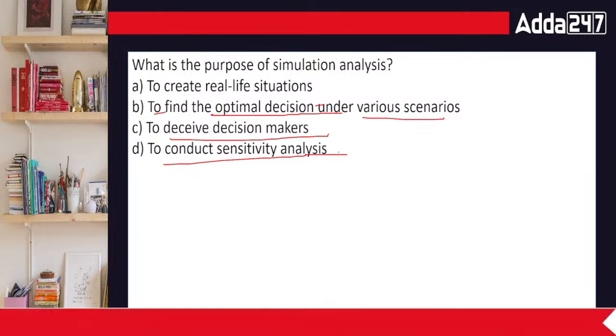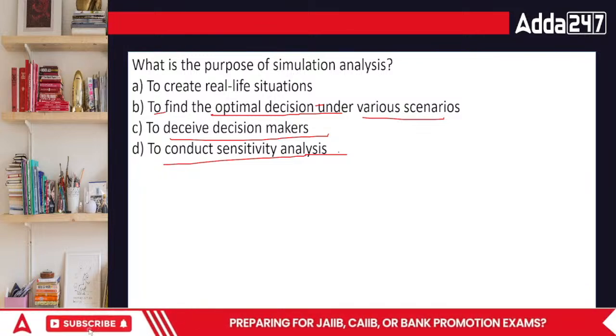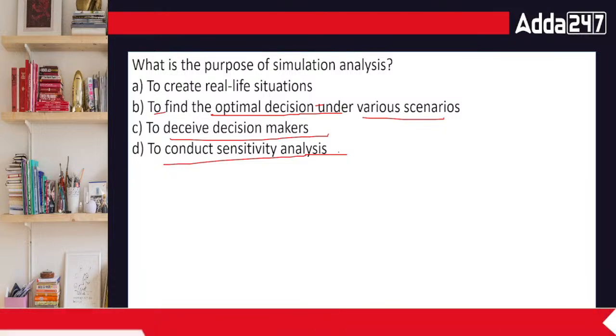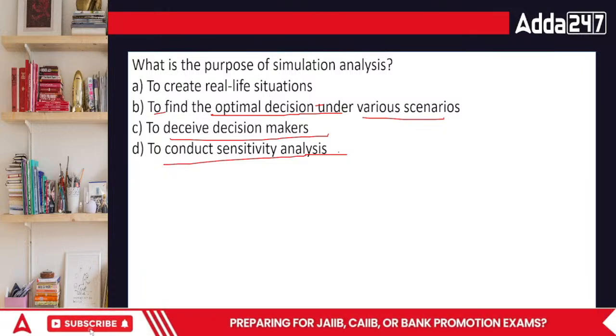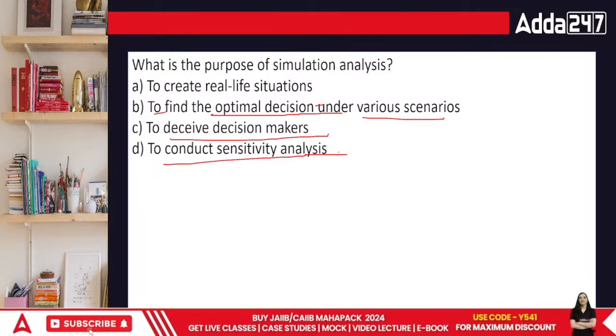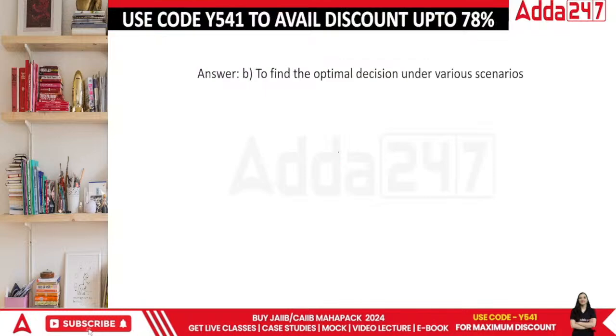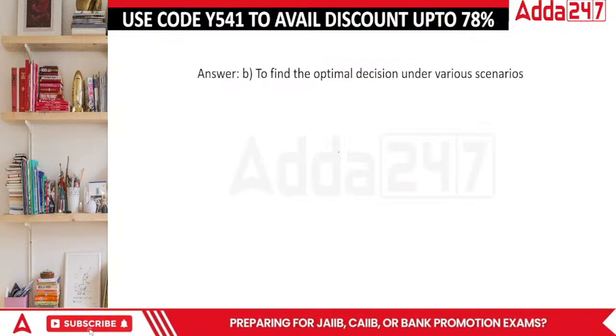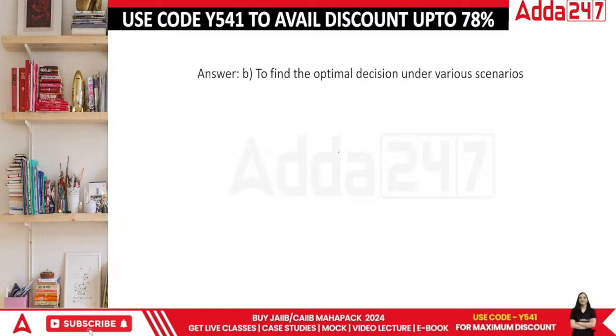We might be hungry, we might be short of time, we might be sleepless, and we would have been working upon multiple things already. So can you say that only one thing was being affected, or multiple things are being affected? I would say multiple things are being affected. So in this case, the answer would be to find the optimal decision under various scenarios. What if one thing, another thing, multiple things are being affected?